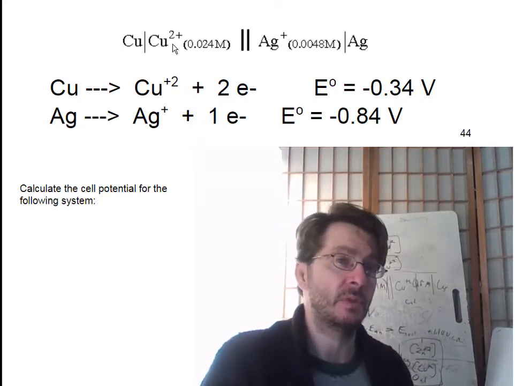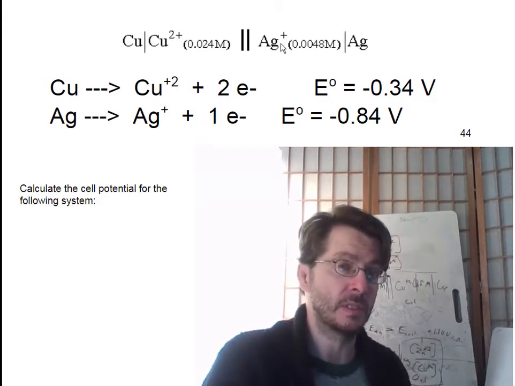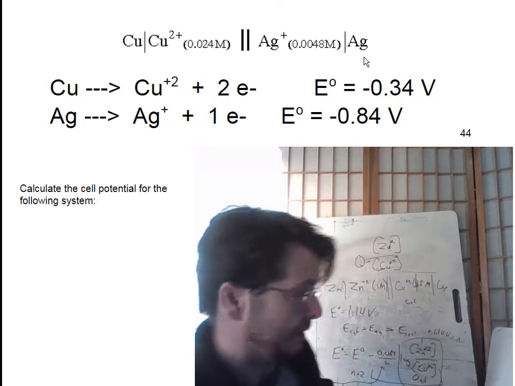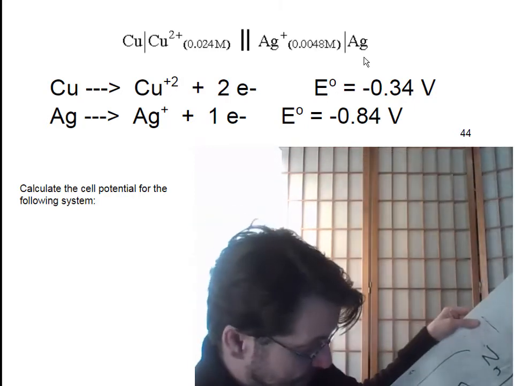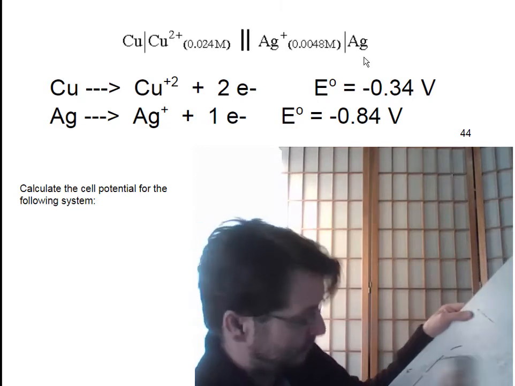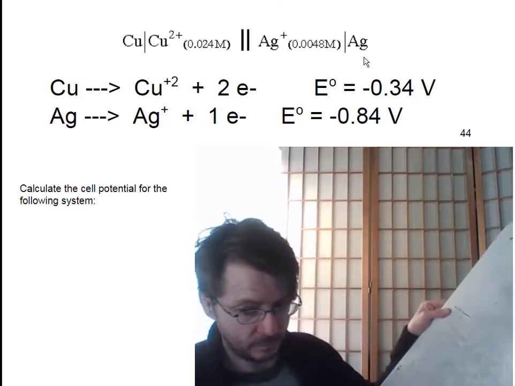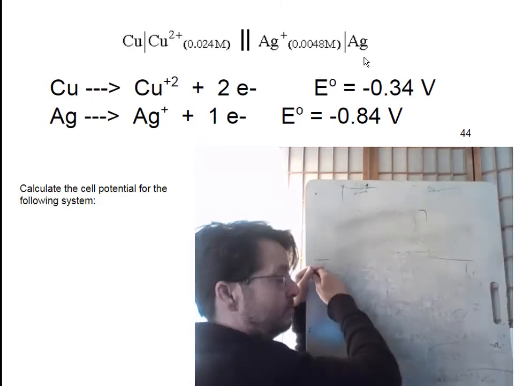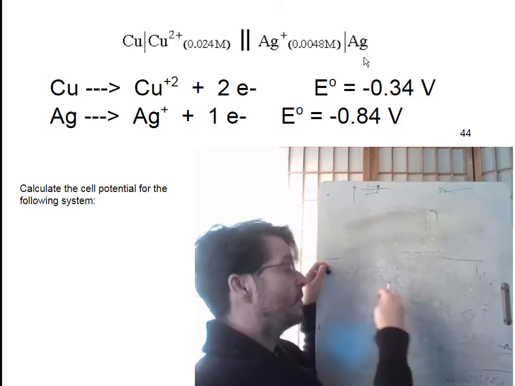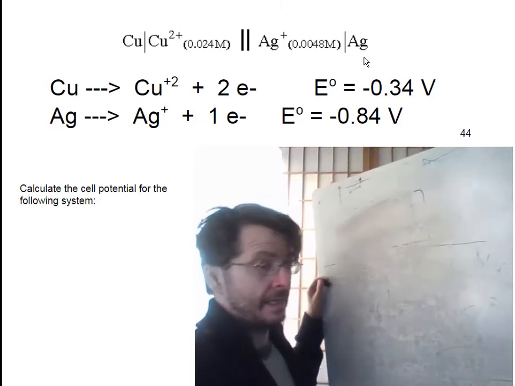So we have our copper going to copper plus 2, that's our oxidation. We have silver going to silver plus 1, that's our reduction. We can build our line notation.